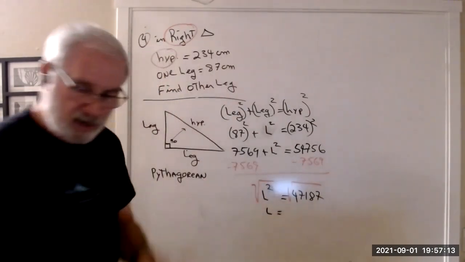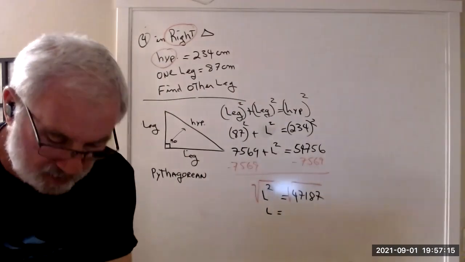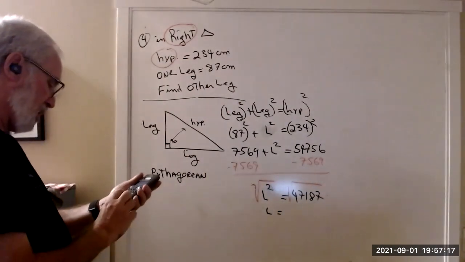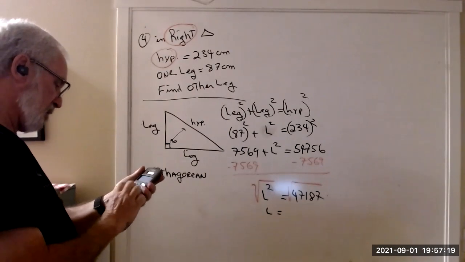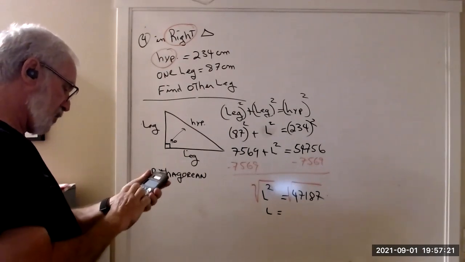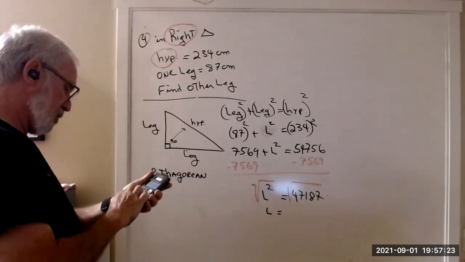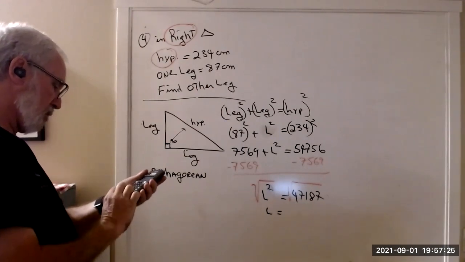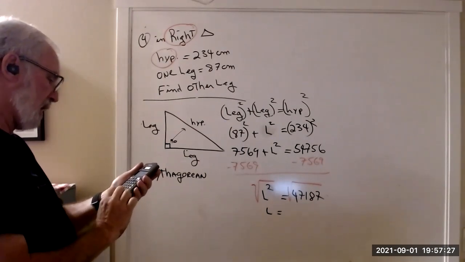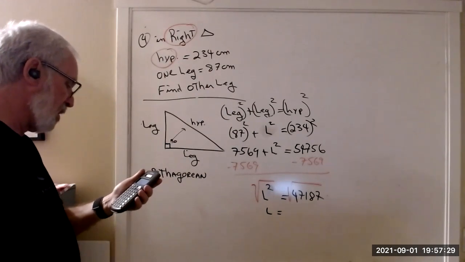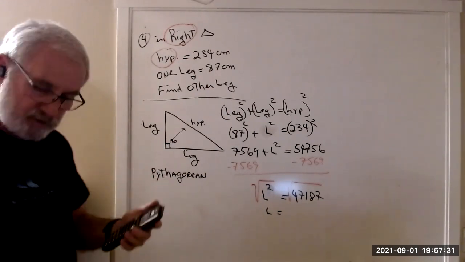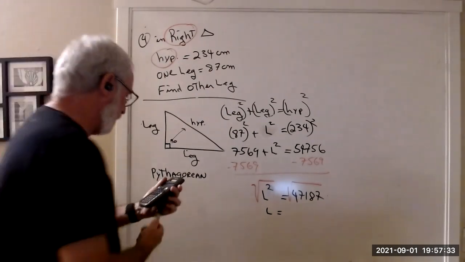You can try that answer button if you want. Square root answer. And I get 217.2256 something or other.